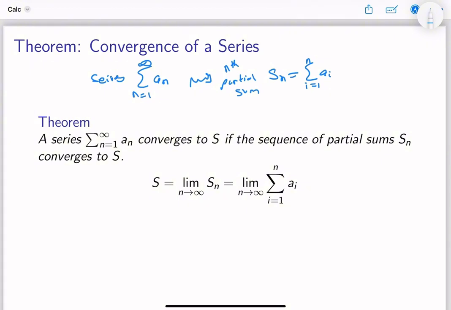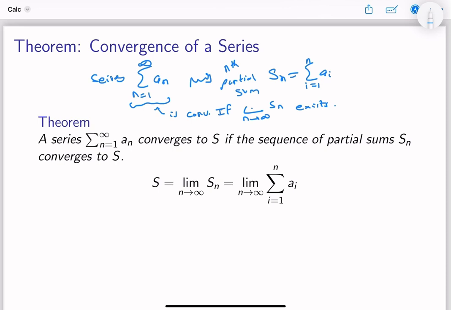Now, a series of this form is said to be convergent if the limit of s_n as n tends to infinity exists. If this limit exists, then we say that the series converges.